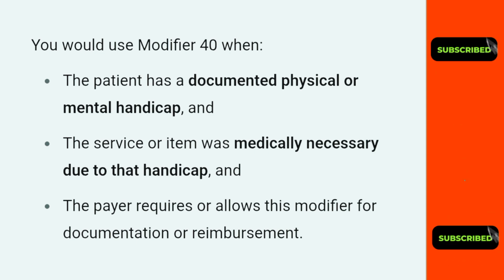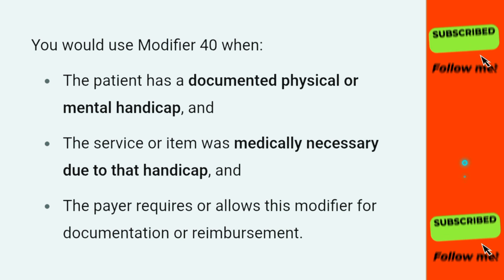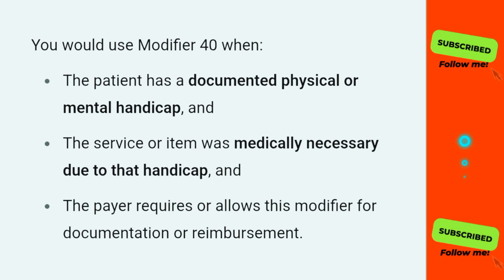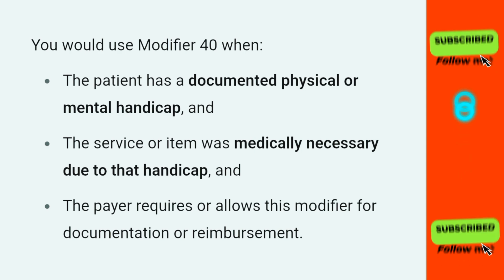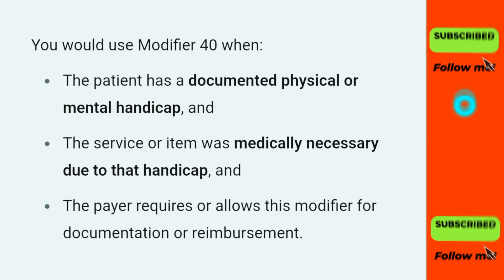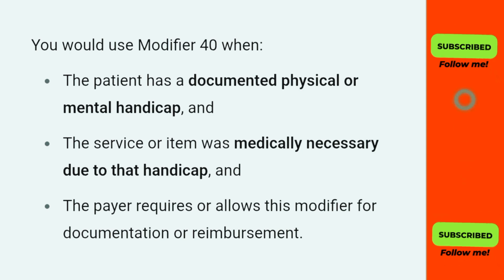Viewers, for modifier 40 there should be proper documentation showing the patient has a handicap condition, where the medically necessary service requires sending claims to the insurance, and the insurance reimburses those claims under the guidelines of the payer, which allow those modifiers in handicap cases or with procedure codes.